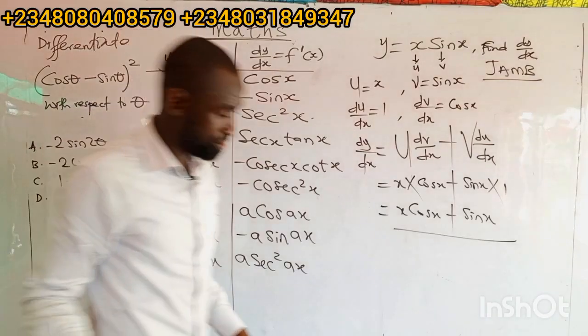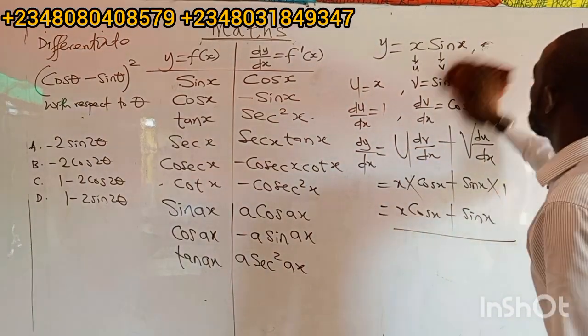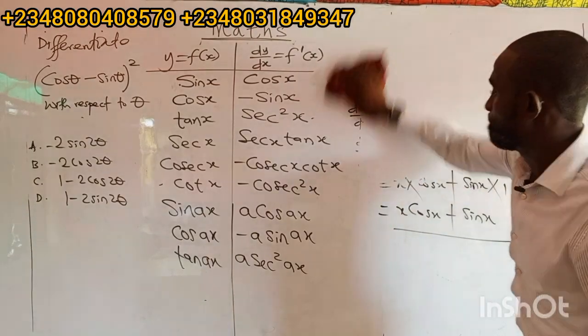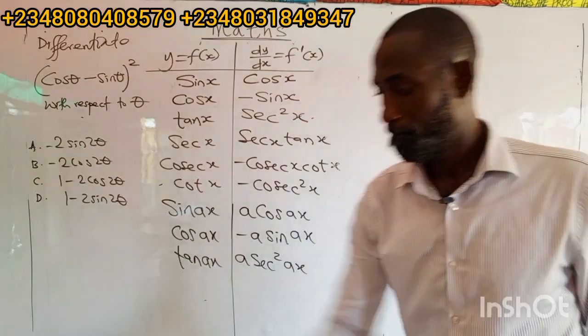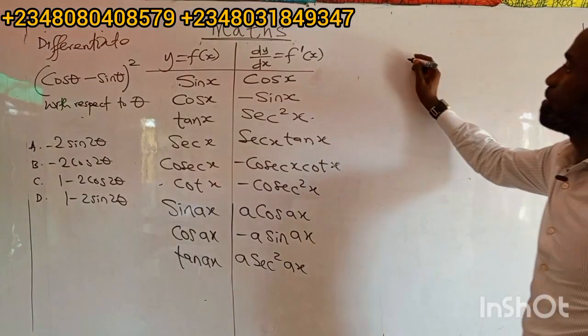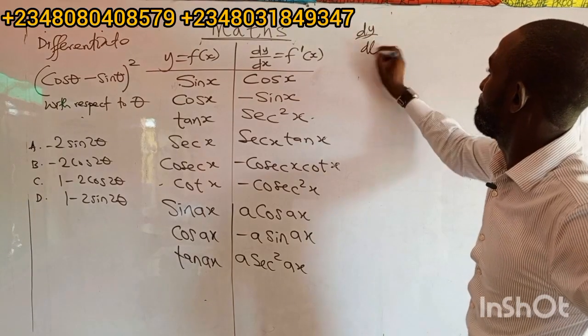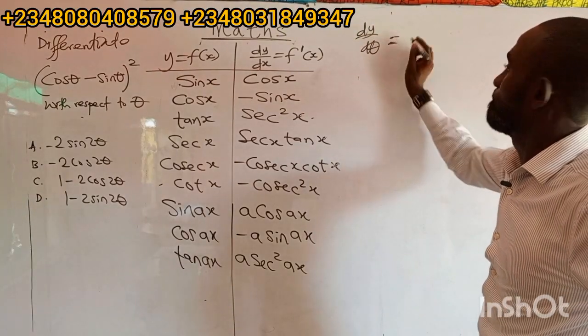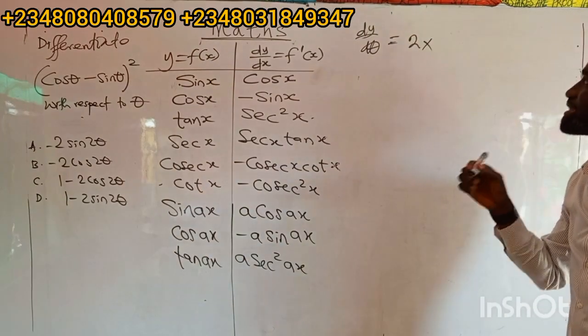If I apply the chain rule shortcut, we have this. We are looking for dy/d theta. dy/d theta will be equal to, I'll bring 2 down, 2 times, I will differentiate what I have inside here.